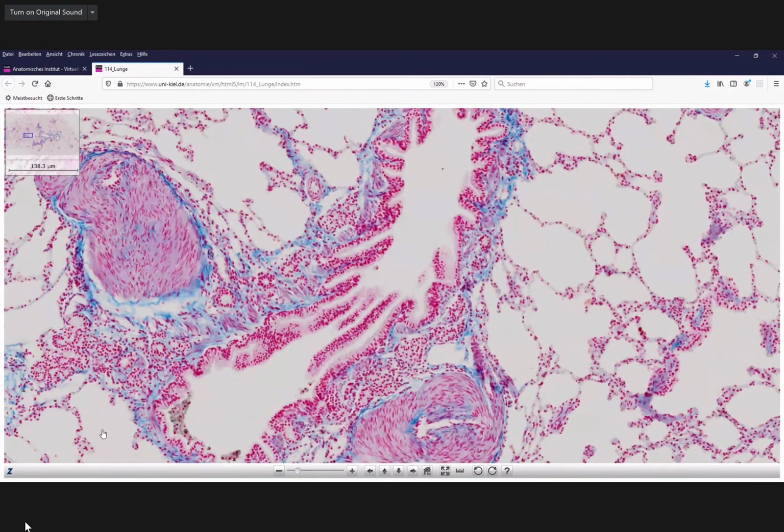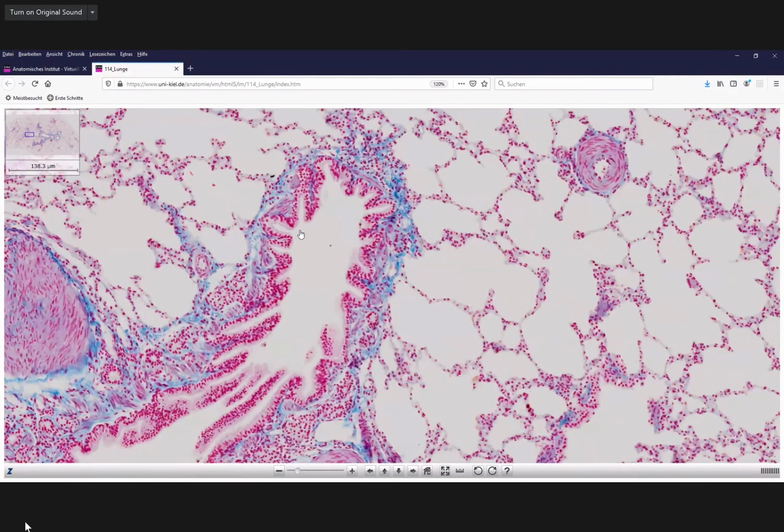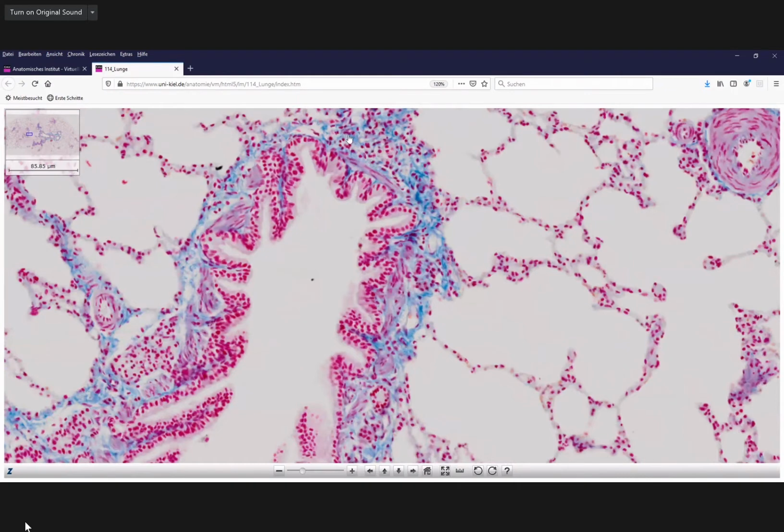Okay, so let's focus on this part, and you can see now there is no gland anymore in the wall, and there is no cartilage, and there is an epithelium which now is more and more just a simple epithelium. It was a pseudostratified respiratory epithelium, and a bronchus has usually a very typical respiratory epithelium.